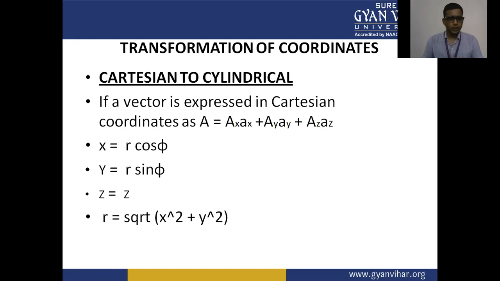In the cylindrical coordinate system, r is represented in terms of the Cartesian coordinates by r equal to the square root of x square plus y square.